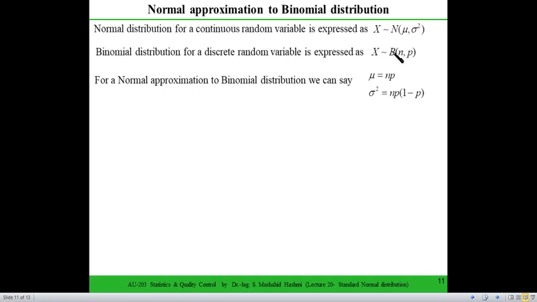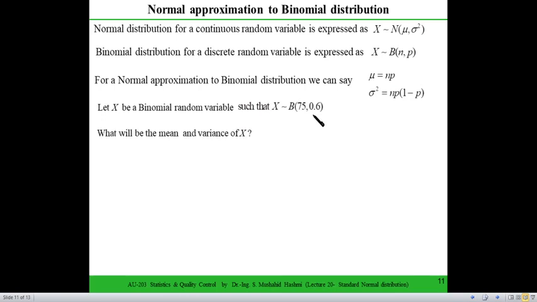In binomial distribution, the parameters are the number of trials and probability of success, but we know how to calculate the mean of the binomial distribution, which is n times p, and the variance is the product of n times p times q, where q is 1 minus p here. So let's say x is a random variable which is binomially distributed where the number of trials is 75 and the probability of success is 0.6.